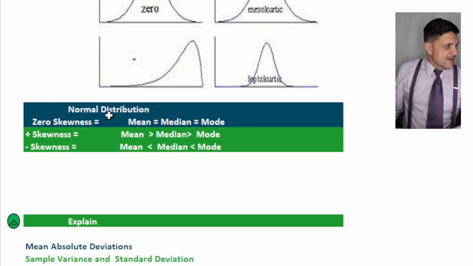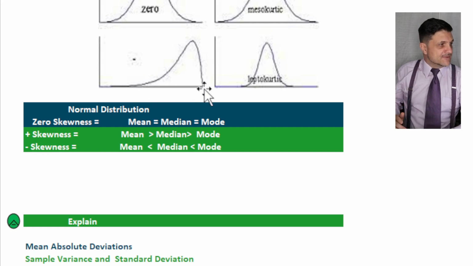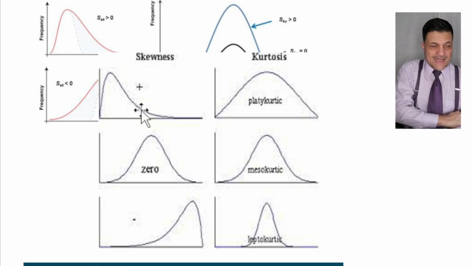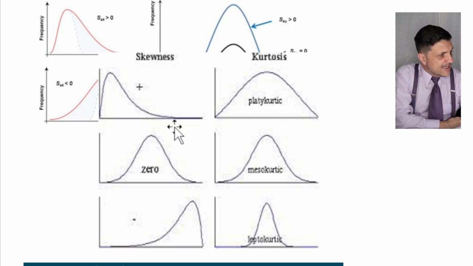Here you have a negative skew. Looks like a ghost walking to the right, right? This one here, that's negative skew. Look at the tail here. It goes to the negative numbers. That's negative skewness. Now, when you see the ghost going to the left side, the tail is towards the positive numbers.